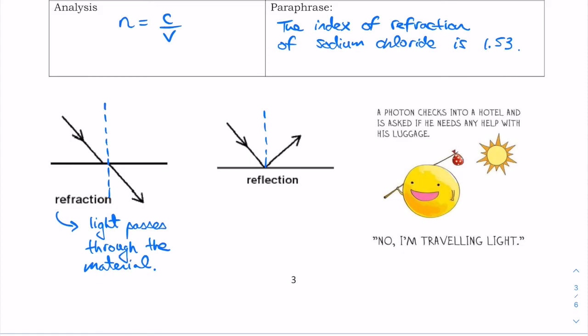As it does so, it can bend. Whereas in the case of reflection, light did not pass through the material. And if we're dealing with a plane mirror, light reflects off of the surface at the same angle it came in at.